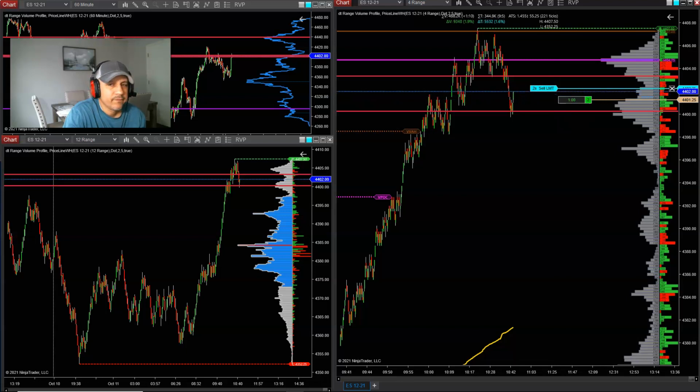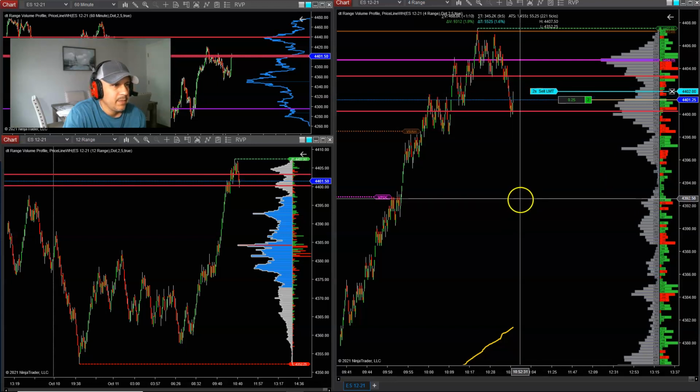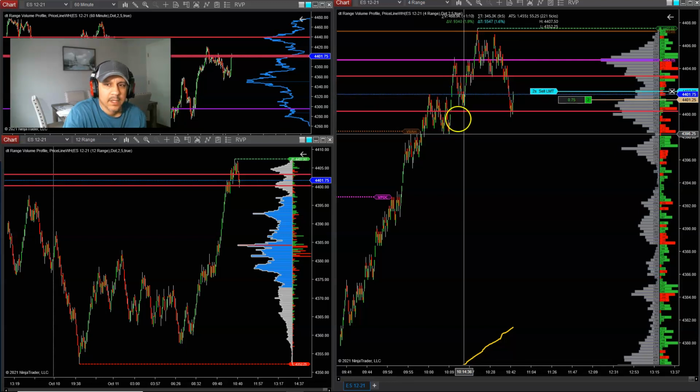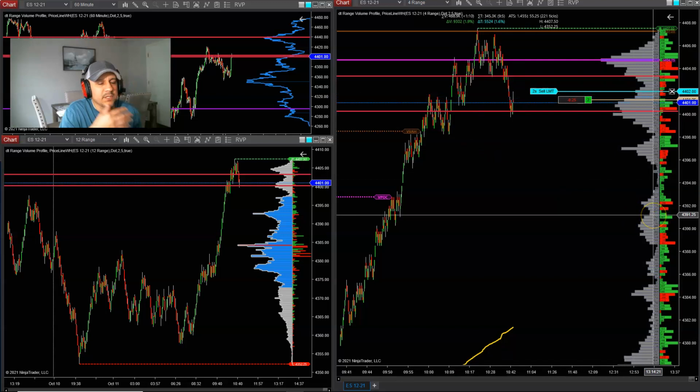Come on. One tick away. Price could bounce right here though. Ah, that sucks. I'm going to try to see if we can just get filled here. Come on. It's already hit that area twice.